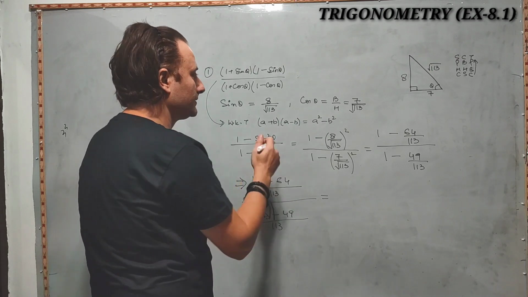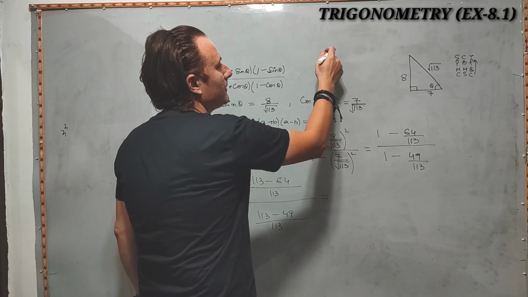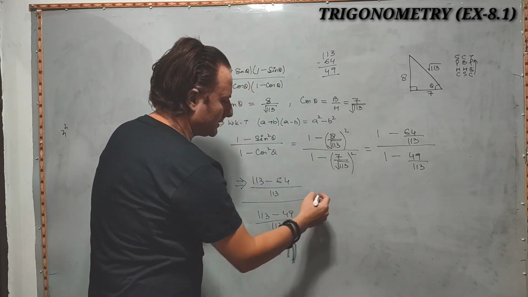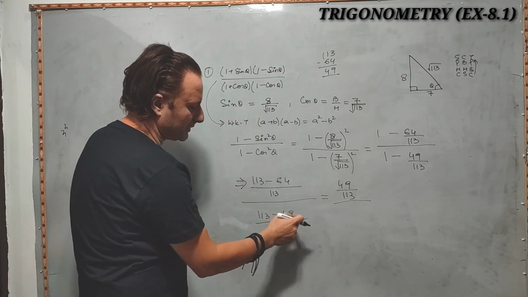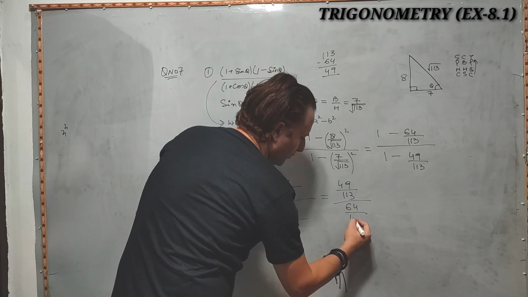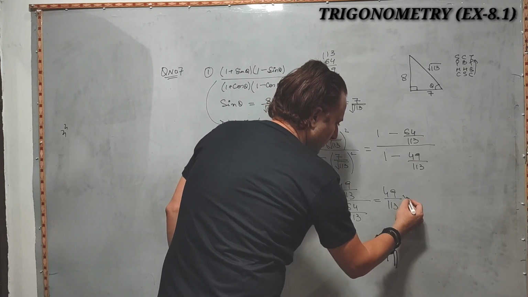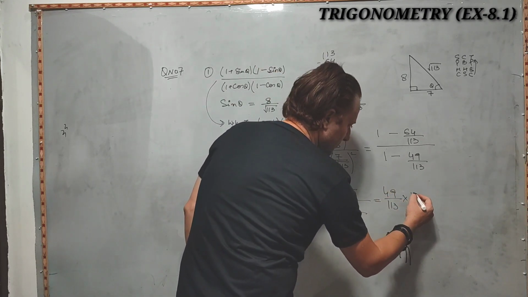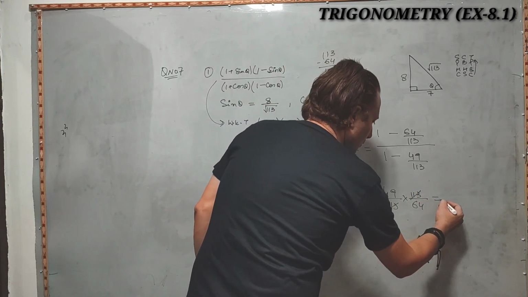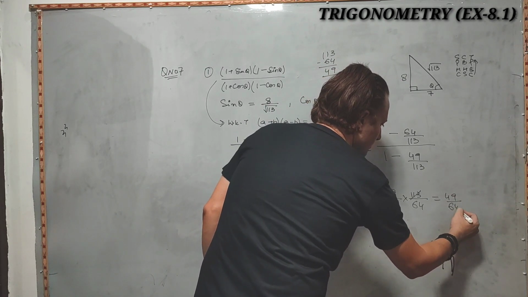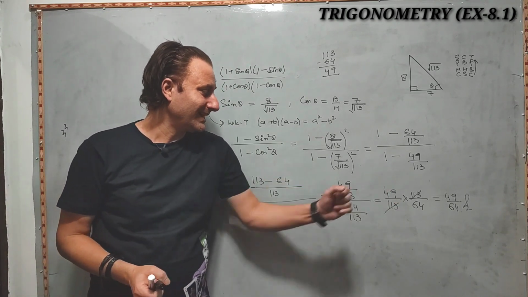So 113 minus 64 is 49, so it is 49 upon 113 divided by 113 minus 49, which is 64, upon 113. Let's do the reciprocal here. 49 upon 113 multiplied by, this goes upside down, 113 upon 64. 113 and 113 gone, so we have 49 upon 64. Answer. Got it? So this is the answer of the first part.